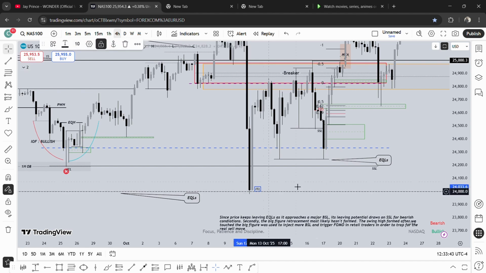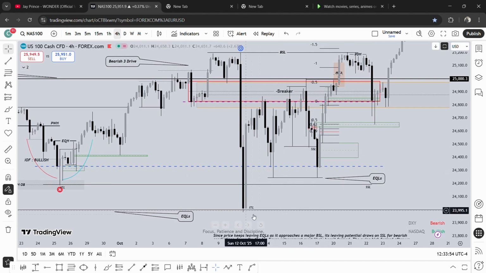An intermediate term low basically is a low that I do not expect price to return back to within this short-term bias, which means this low is protected and price will avoid by all means to retrace back into this.